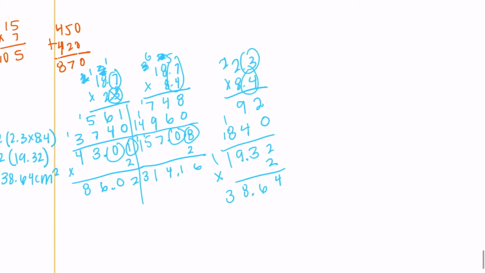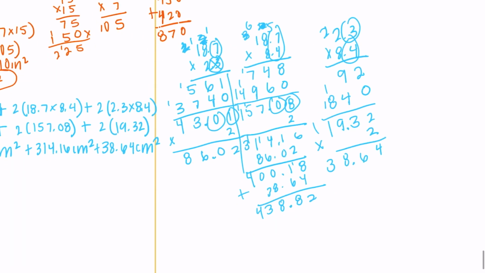Let's add them together. I'm going to add 86 and 200ths to this, and then add the 38 and 6400ths. So we get 438 and 8200ths centimeters squared.